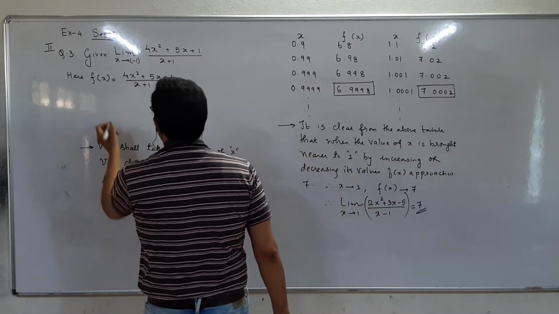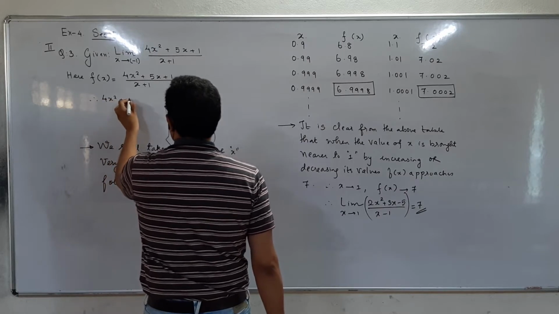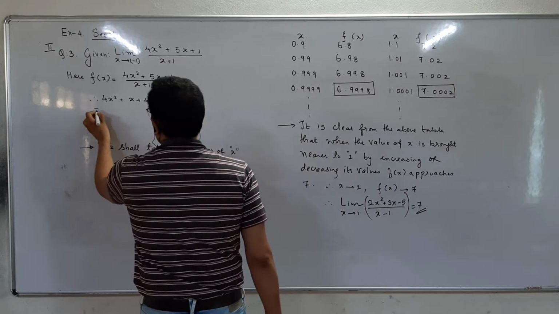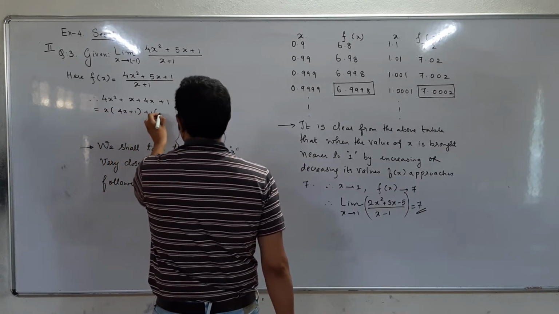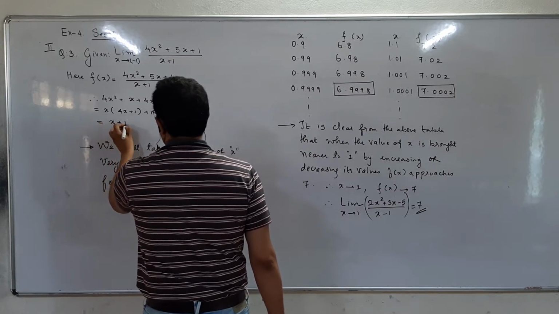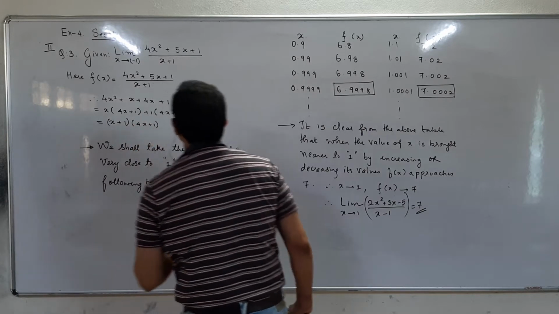Factorize: 4 into 1 is 4, and 4 plus 1 gives 5. So 4x squared plus x plus 4x plus 1. Take x common, 4x plus 1. Take 1 common, 4x plus 1. So the factors are (x plus 1) and (4x plus 1).